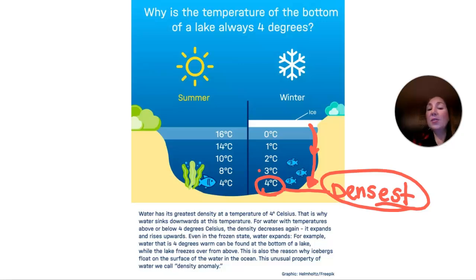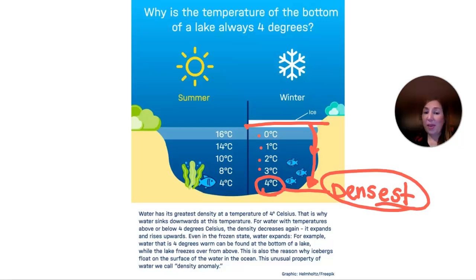And so here you can imagine hexagons are starting to form, starting to form, starting to form. They've formed in that ice layer. And so the densest water gets trapped at the bottom of lakes at 4 degrees, and that keeps fish alive all winter.